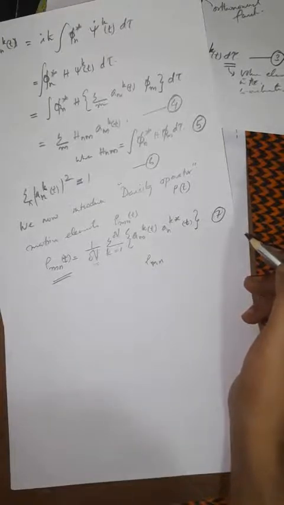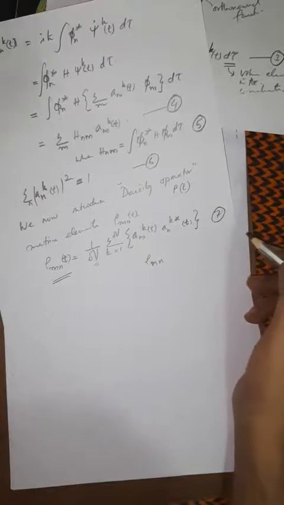We will see the significance of this density operator in the coming videos. This is going to be a central part of our discussion on the whole of quantum statistics.